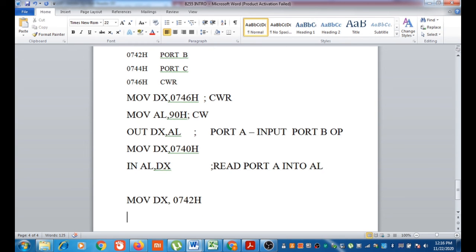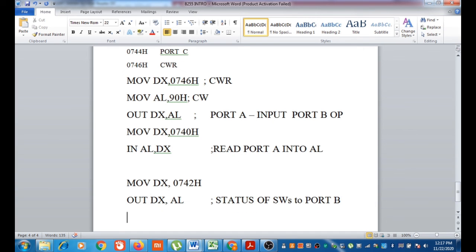Then your data is in AL. So out DX comma AL. Status of switches to port B.